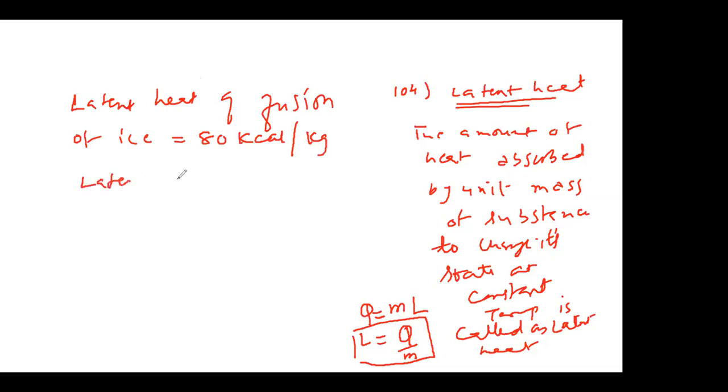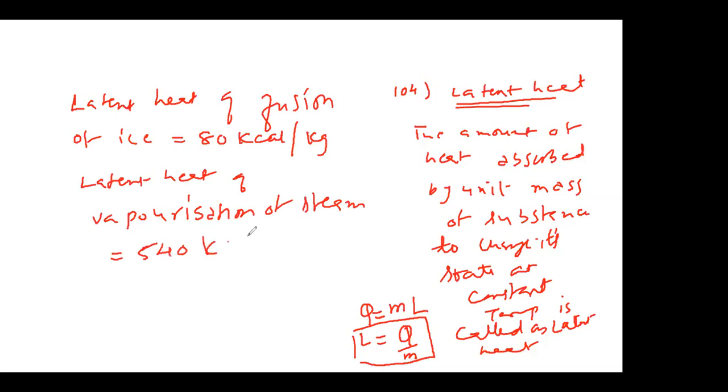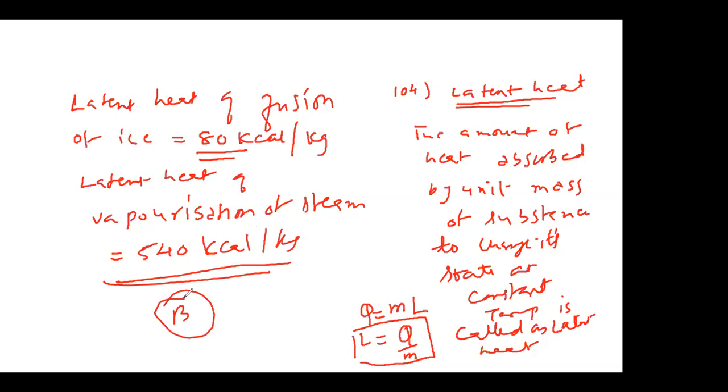Latent heat of vaporization of steam equals 540 kilocalorie per kg. So these two values are for water. Ice के लिए 80, vapor के लिए 540. From this also we can judge 540 is greater. So latent heat of vaporization of substance is always greater than latent heat of fusion. B option. पूरा लिख के definition, then write this. Write everything properly.